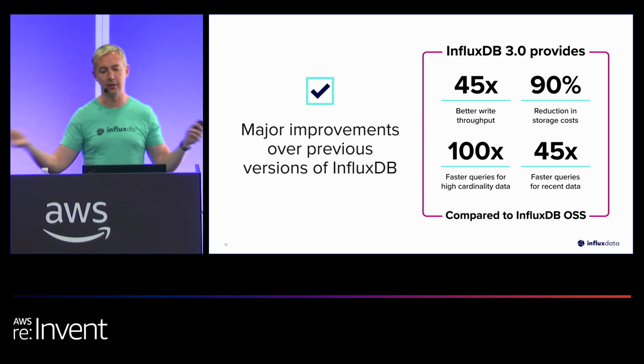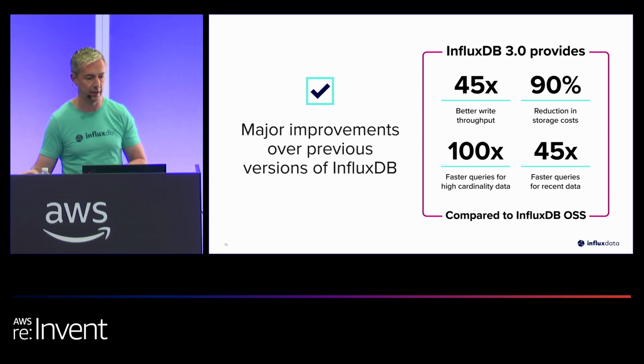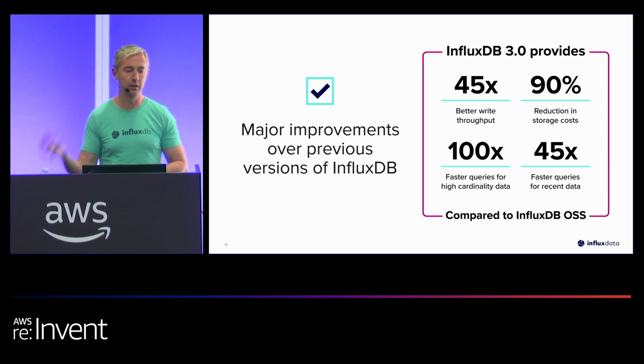For queries that have to hit many individual time series, InfluxDB 3.0 is way faster than previous versions. There are queries that 1.0 and 2.0 won't even process. They'll just time out. The 3.0 will easily handle in milliseconds. And faster queries, again, on that recently ingested data, that leading edge.